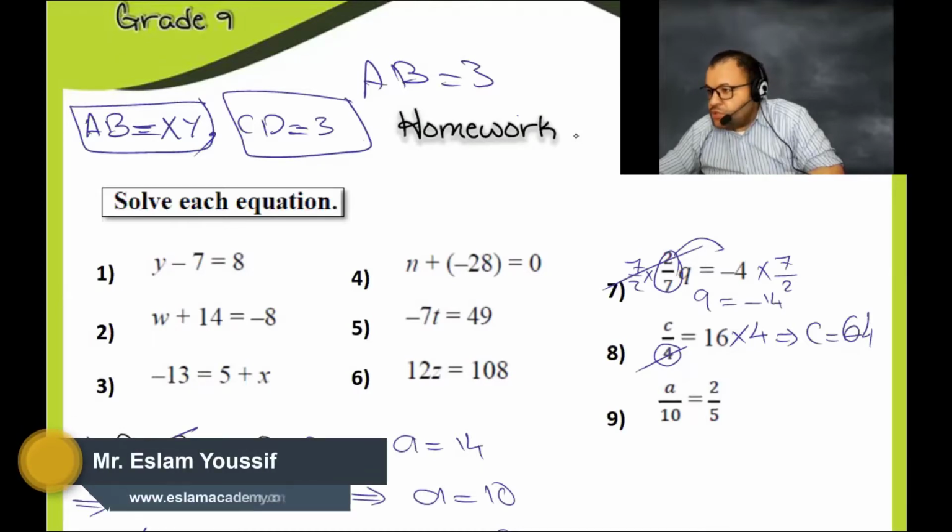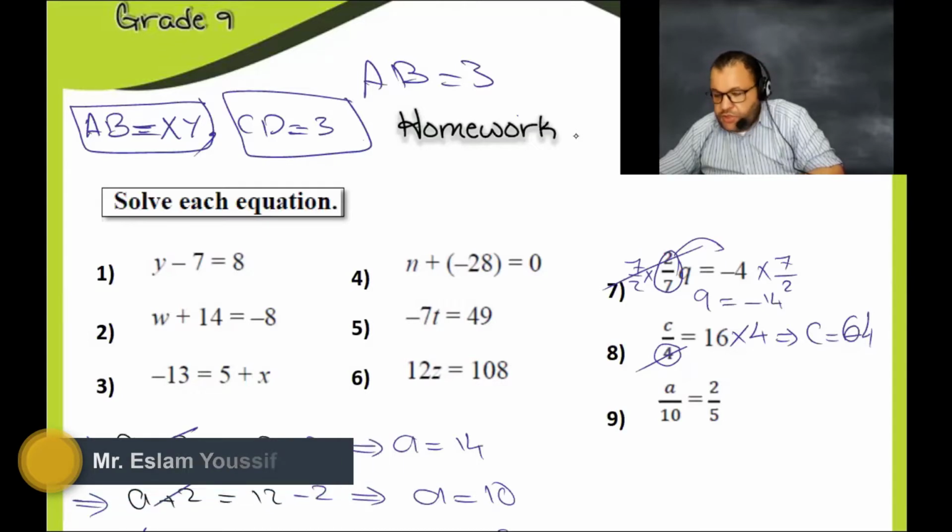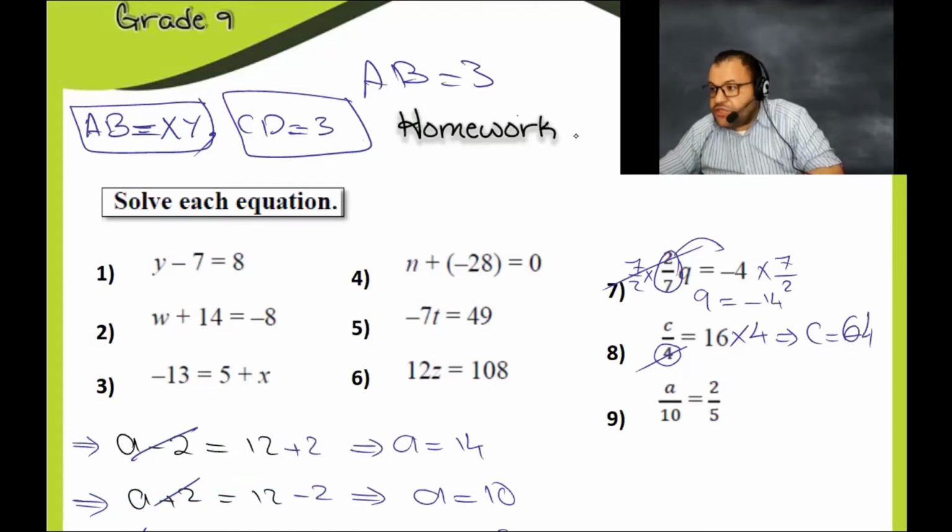Now Abdullah Baroudi, number 1 and number 7. Check number 7, only number 7. Check it again, please. Negative. You wrote negative or positive? No, I wrote negative.